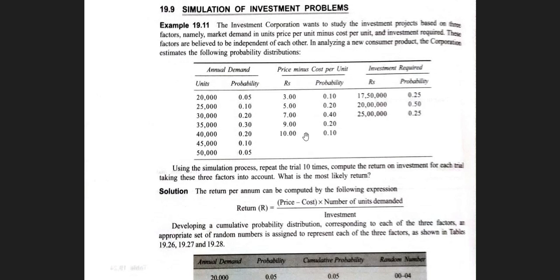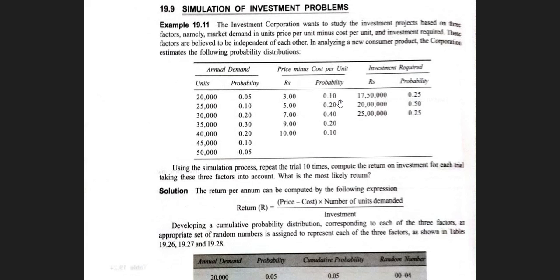Same thing too with the profit per unit. That is the amount of money that they get per unit item that they are selling or investing in. So for them to get 3 Rs, they have a probability of 0.1.